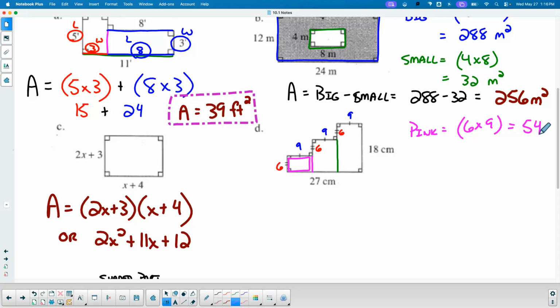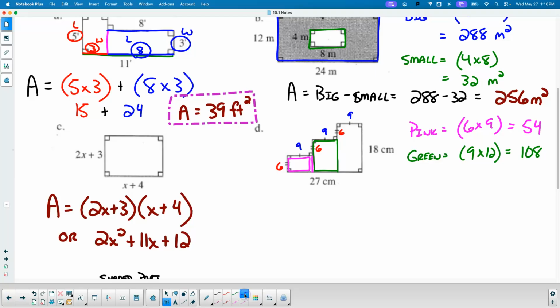54 square centimeters. In my green rectangle here, that would be 9 times 12. 9 times 12 is 108.